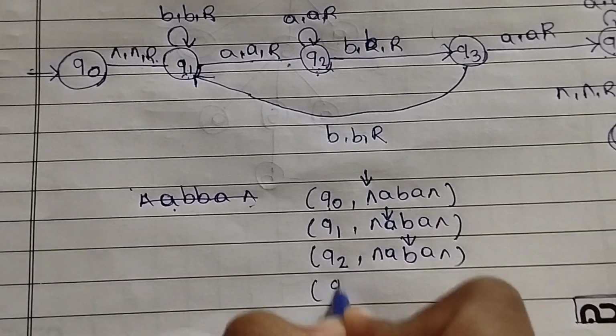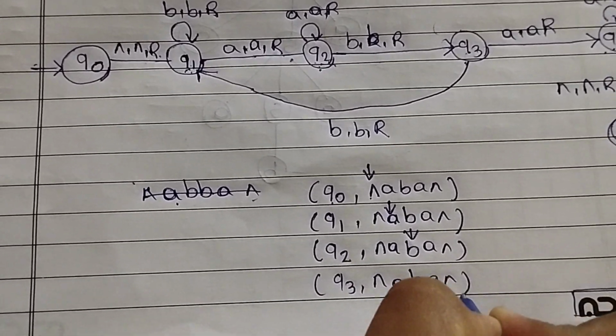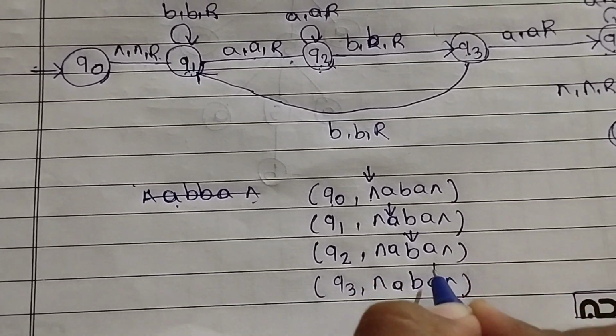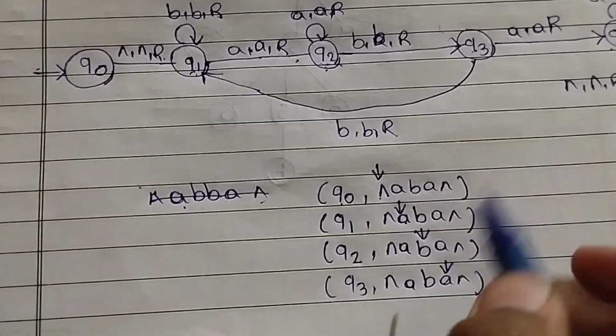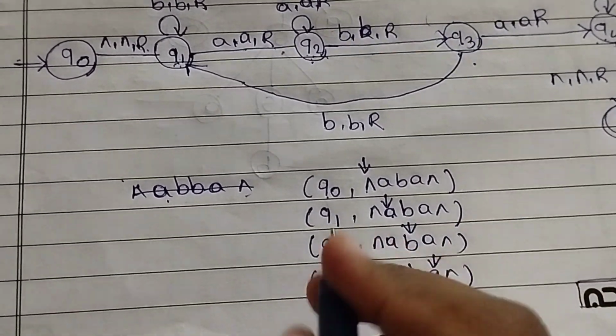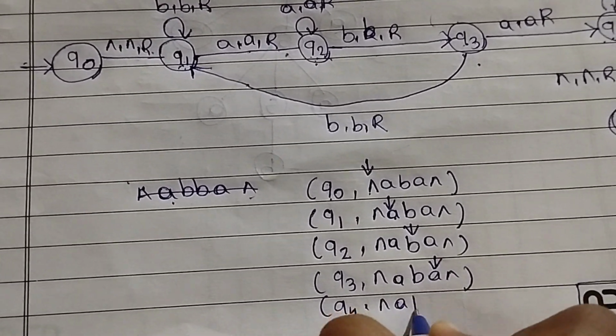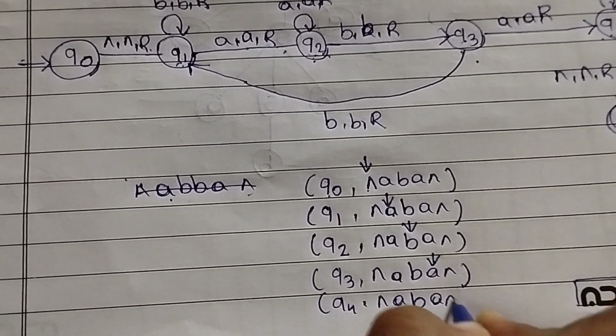So write here Q3, null A B A null. After this B, we reach A. We read A, we transfer our transition to Q4. So write here Q4, then null A B A null.